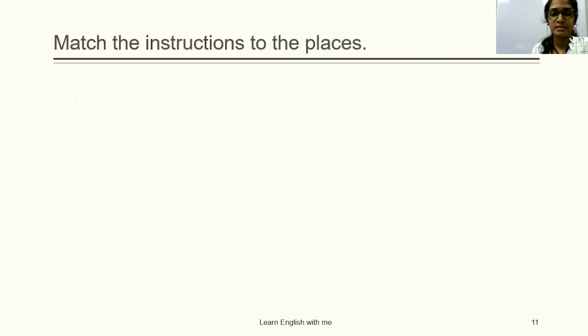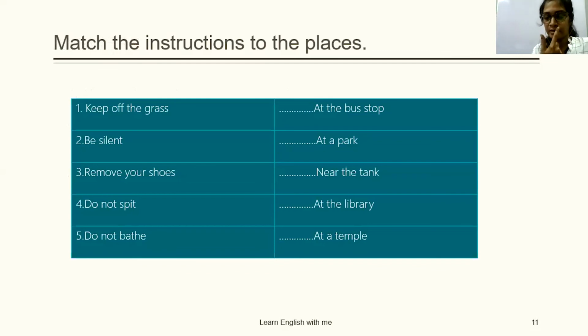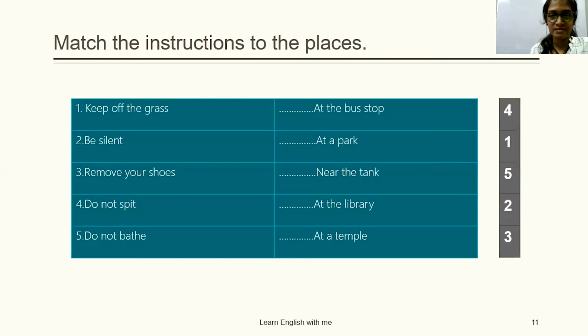So for school students, this is the kind of question that they normally face at the examination. So this is another type of question. Again, you can pause the video and try to attempt this question too. And check the answers. I'll just read you the answers, okay? Keep off the grass at the park, okay?